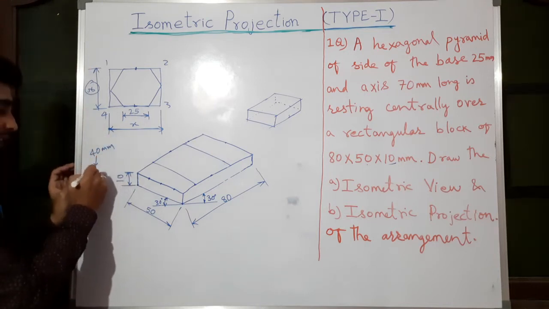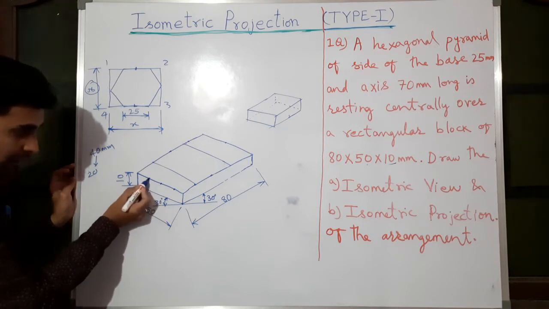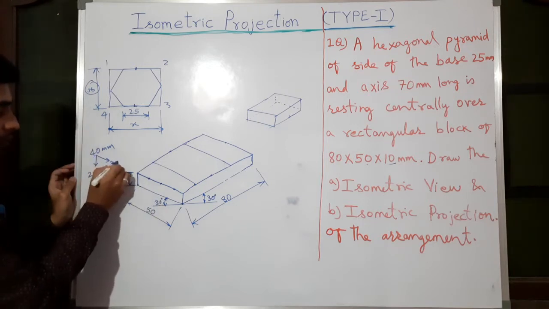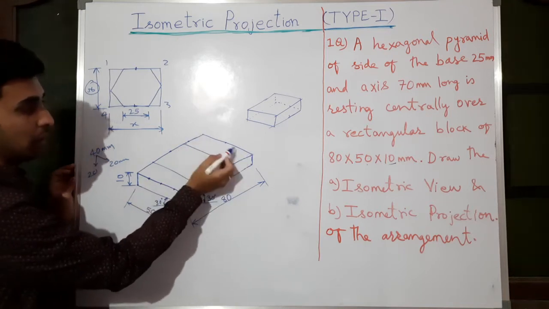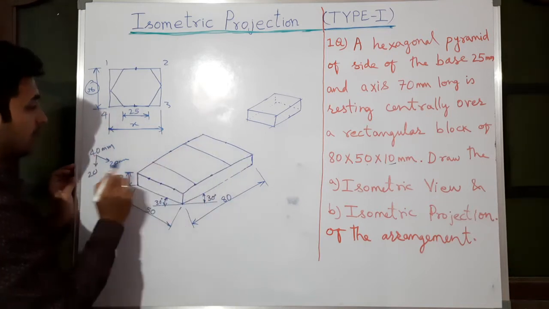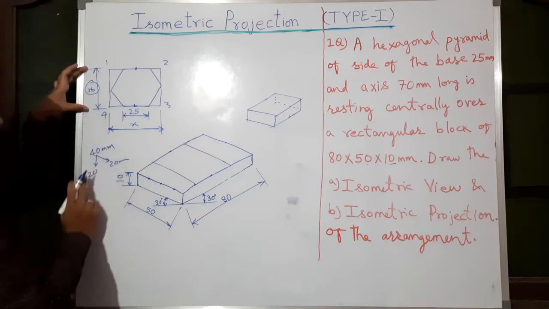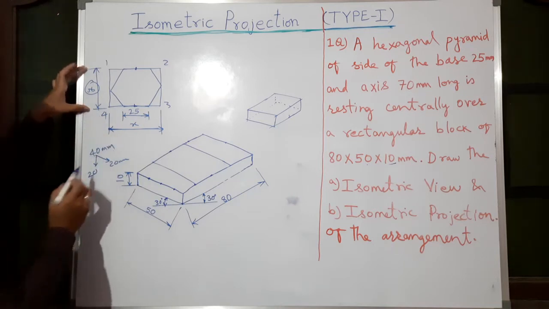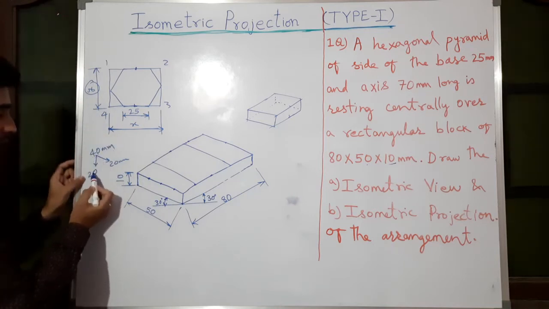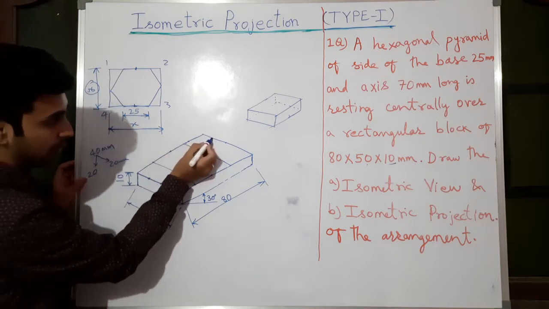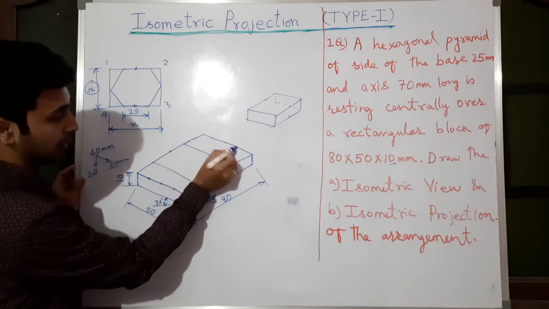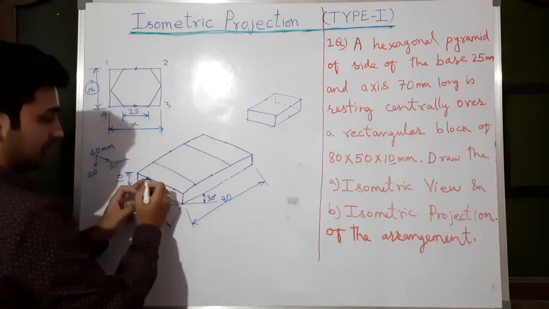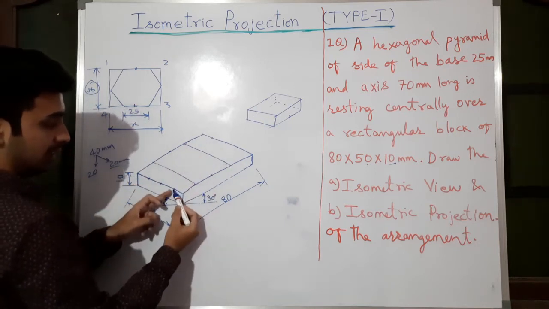Half of 40 means 20 this side of the midpoint, and the remaining 20 this side of the midpoint. Then join these two, and then this and this.